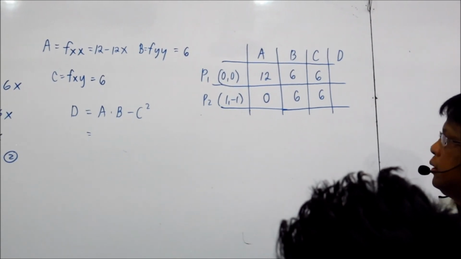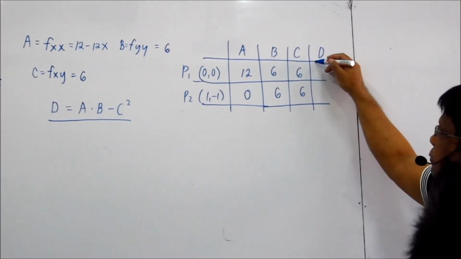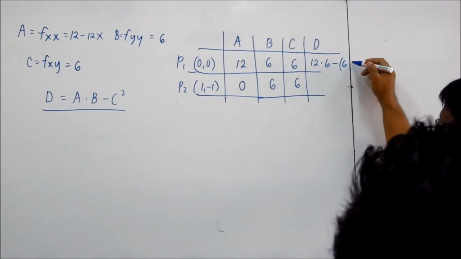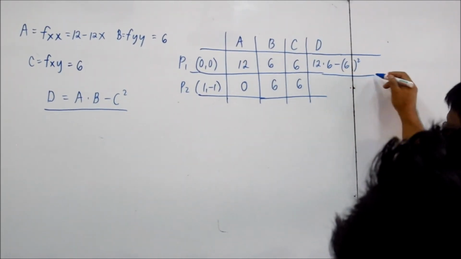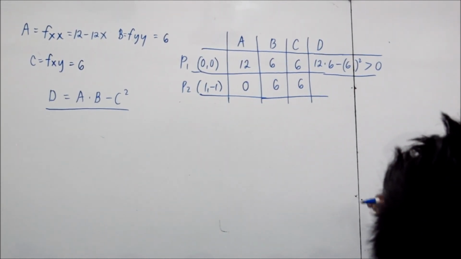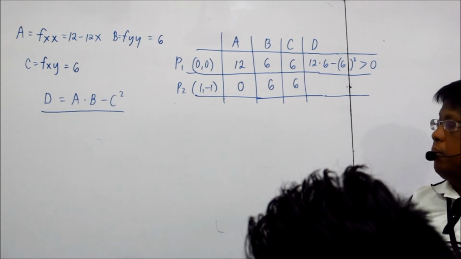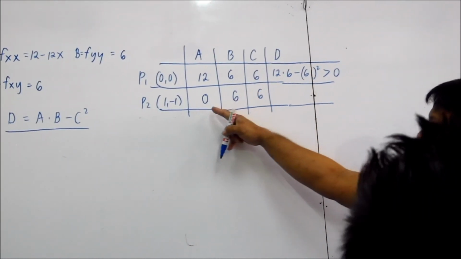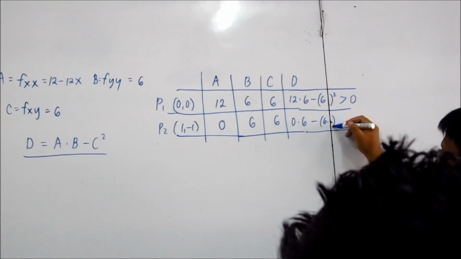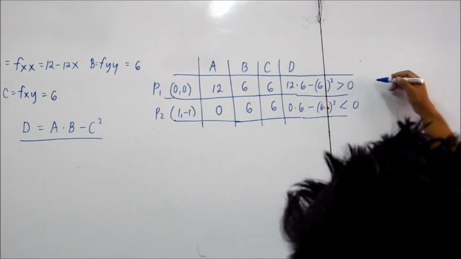Okay? Then defining now D, this is the formula for D. So we have 12 times 6, that is 72 minus 6 squared. What value do we have? That is greater than 0. Okay? What about for the second point, 1, negative 1? So A is 0 times B is 6 minus 6 squared, and this gives us less than 0. So what is now your conclusion?